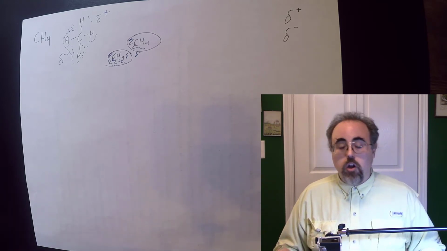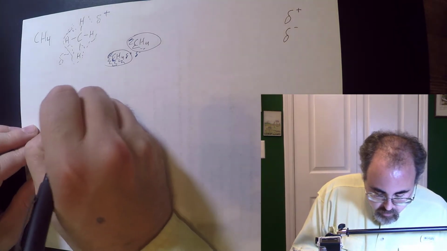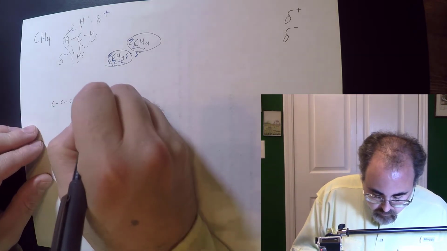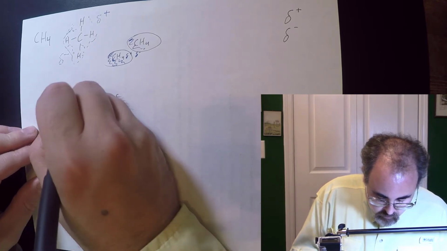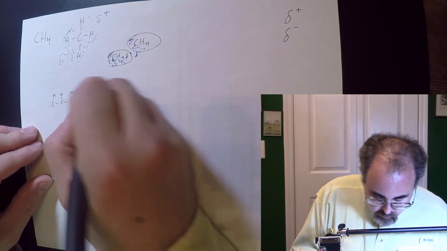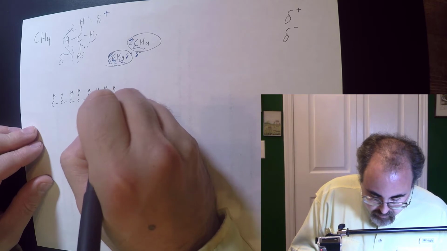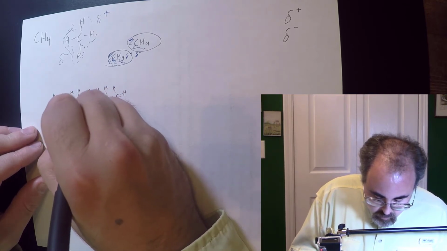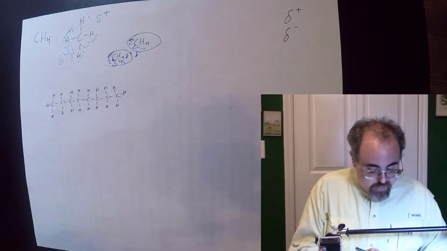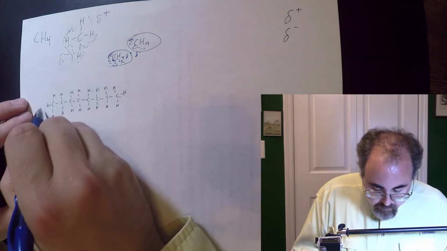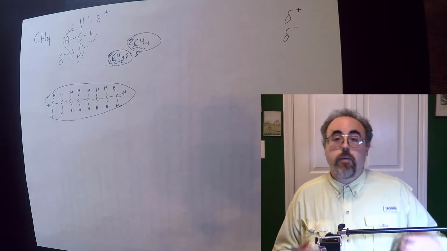So if I get a much longer molecule, something that is carbon, carbon, carbon, carbon, carbon, 1, 2, 3, 4, 5, 6, 7, 8, and then hydrogen, hydrogen, hydrogen, hydrogen, hydrogen, hydrogen. This is octane, by the way, one of a group of molecules that is in gasoline. Now, this guy has lots of electrons that could be in different spots, creating different regions of positive and negative.